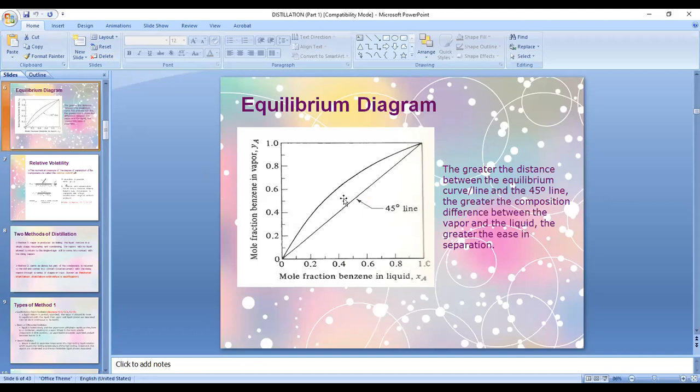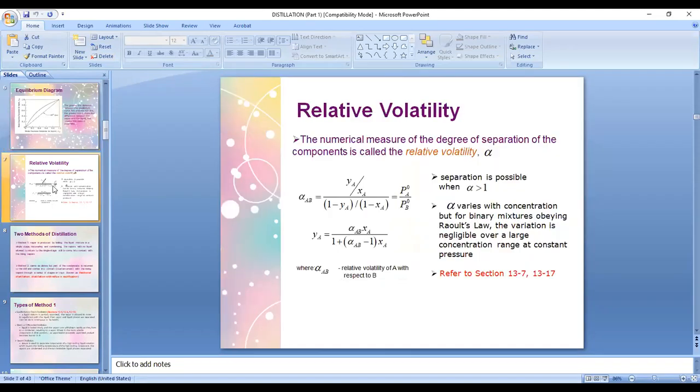So we want as much as possible to capitalize on the distance of the equilibrium curve or line from the 45-degree line. It was mentioned in liquid-liquid extraction that the separation factor is comparable to the relative volatility in distillation. So if our relative volatility in distillation is greater than 1, then separation is possible.